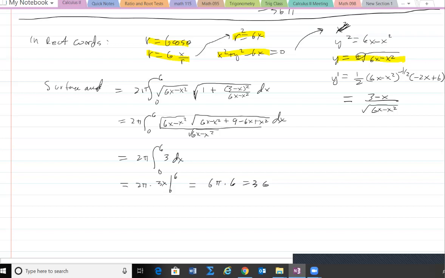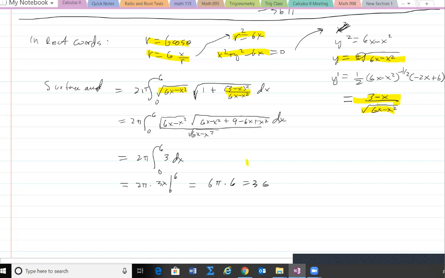Here I found a derivative, and then I used my formula from the first one we encountered for surface area of surface revolution, 2 pi, and then notice I've got the distance to the x-axis here, that's the y, and then over here I've got 1 plus y prime squared in here. So I found y prime and then I squared it. Fortunately, this all simplifies to just this, which gives us a 36 pi at the end here.